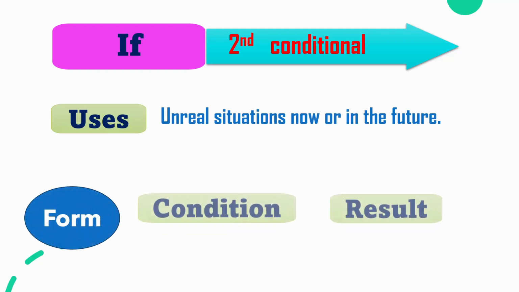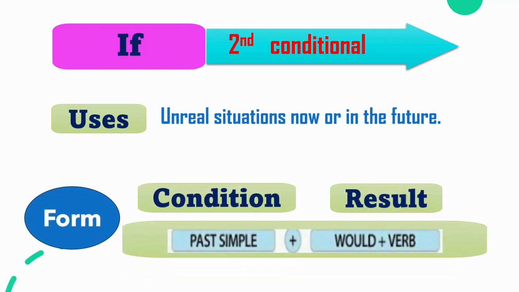The form of this conditional is past simple in the if clause, and in the result clause, would plus the verb in the infinitive. Again, past simple and would plus the infinitive, or plus the verb in the base form.